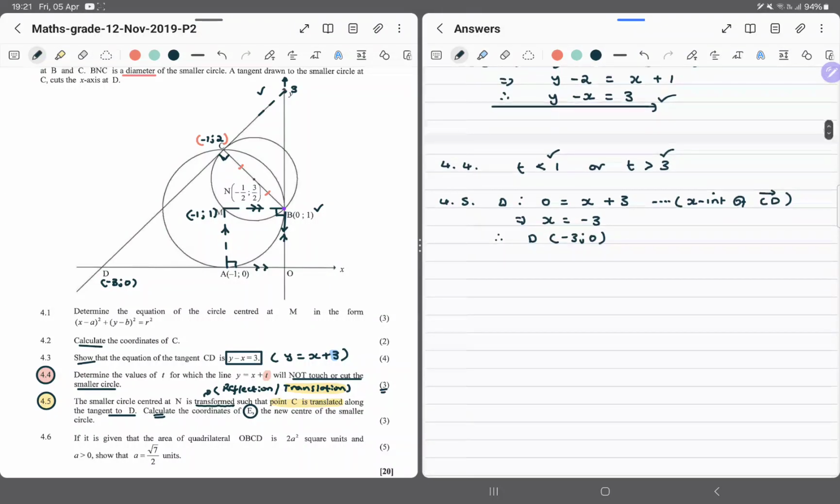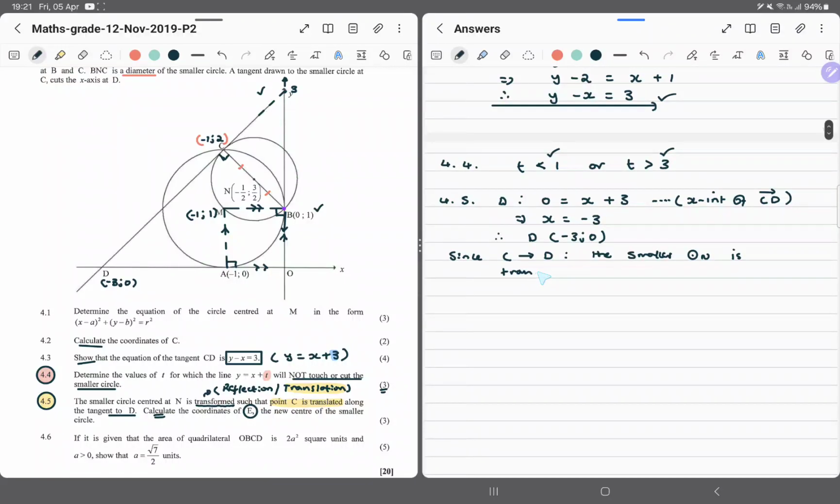So we can say, since C is moved to D, it is such that the smaller circle N is translated down by 2 units and to the left by 2 units also.